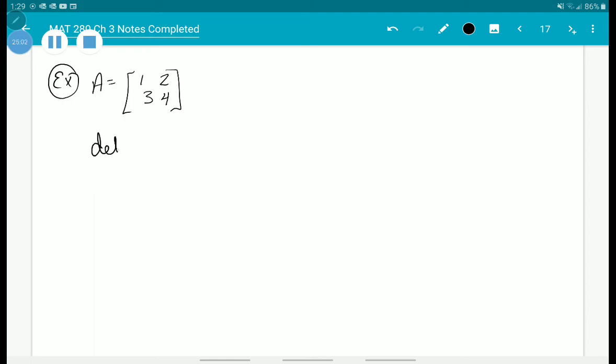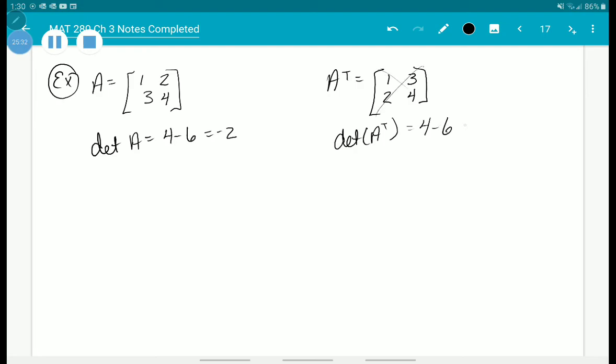So the determinant of A in this case would be 4 minus 6, which is a negative 2. If we were to find the determinant of A transpose, A transpose flips the rows and columns. So we're still going to have 4 minus 6 here, which is still going to be a negative 2.